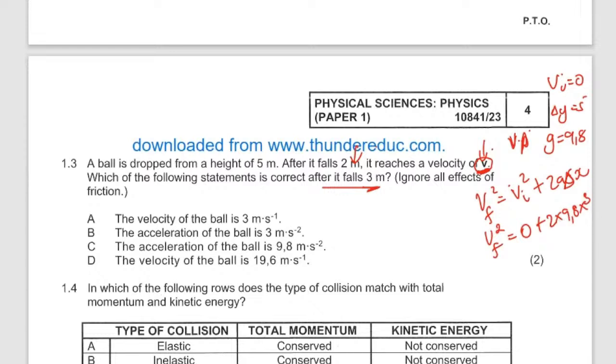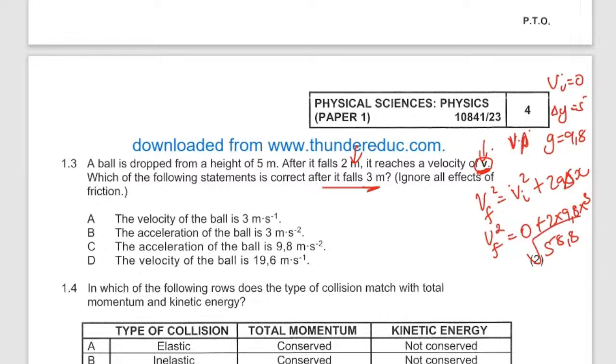When I get to my calculator, 2 times 9.8 is 19.6. Then 19.6 times 3 is giving me 58.8.